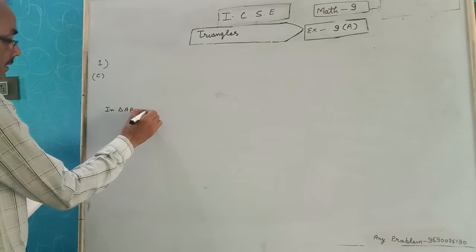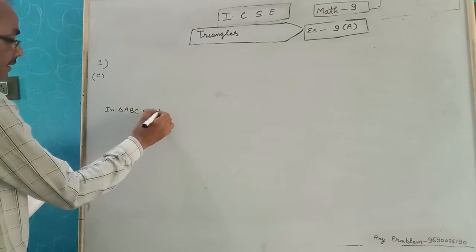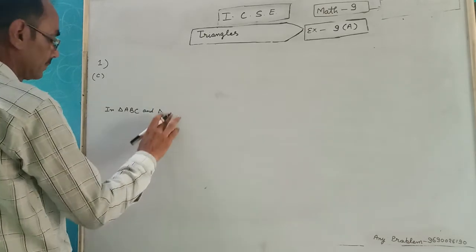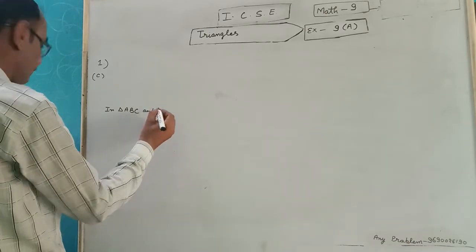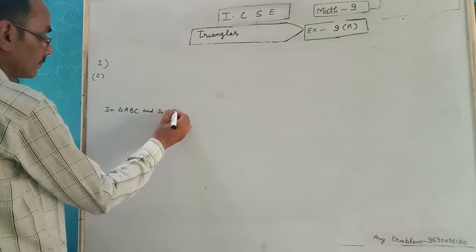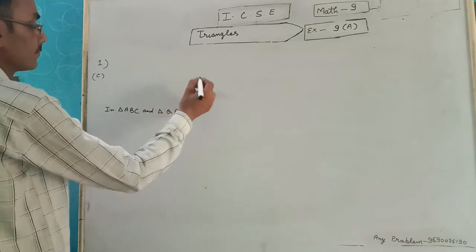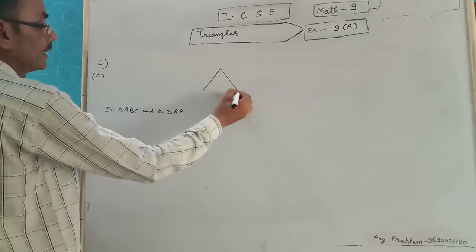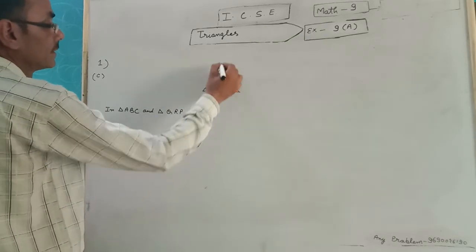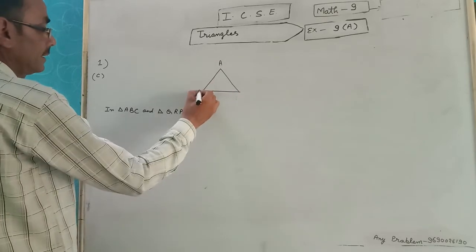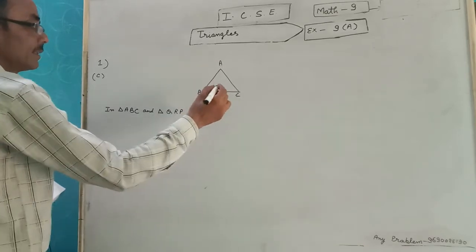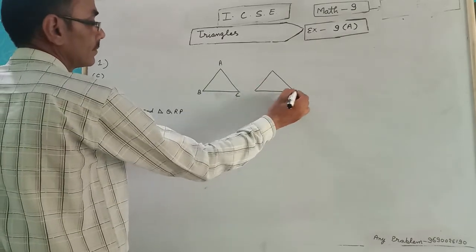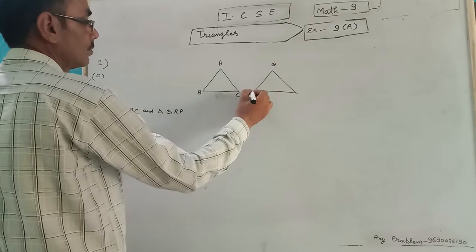ABC and triangle QRP. That is triangle ABC and triangle QRP.